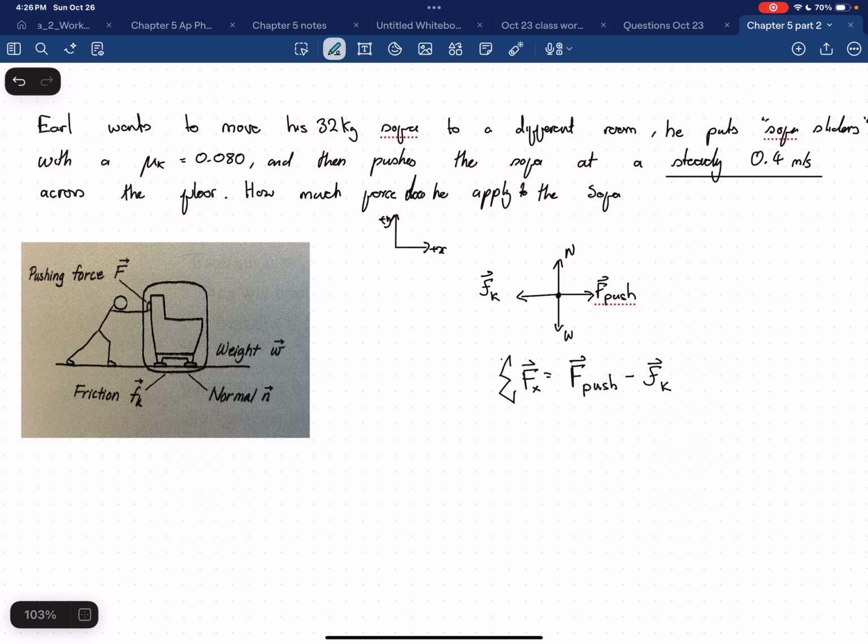Now let me get the magnitudes of these forces. Because we're in a dynamic equilibrium, the sum of F in x is going to be 0.